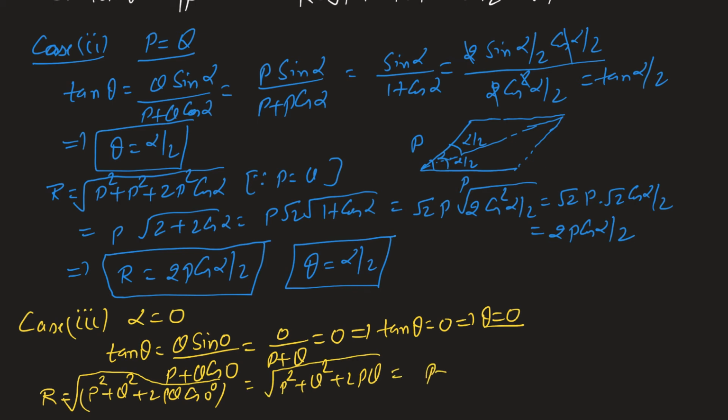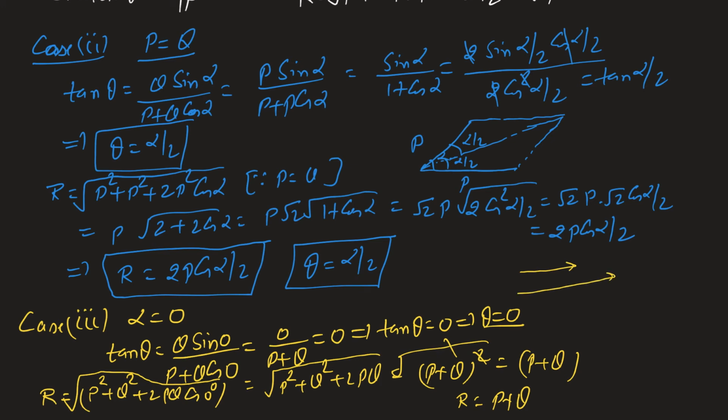So this will be P plus Q whole square root, this will cancel out, P plus Q. So magnitude will be P plus Q. So if one force is in this direction, another is parallel to this one, this is force P, this is Q, so the resultant will be in the same direction at angle 0 degree, and resultant magnitude is P plus Q.